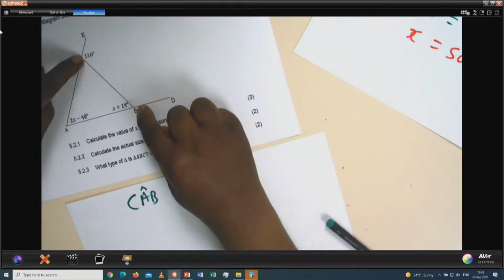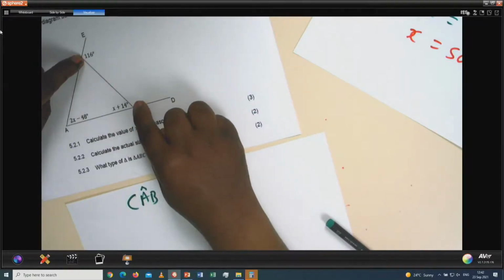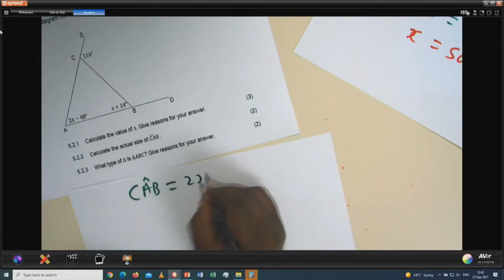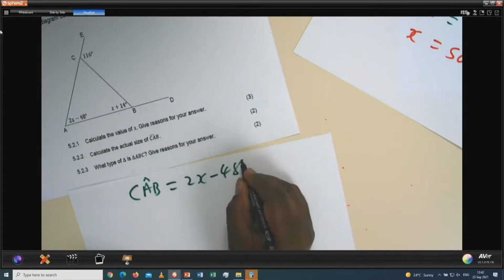First letter is C, last letter is B. And then they must meet at A. This is the angle you're talking about. First letter, last letter, middle letter, that's where they meet.